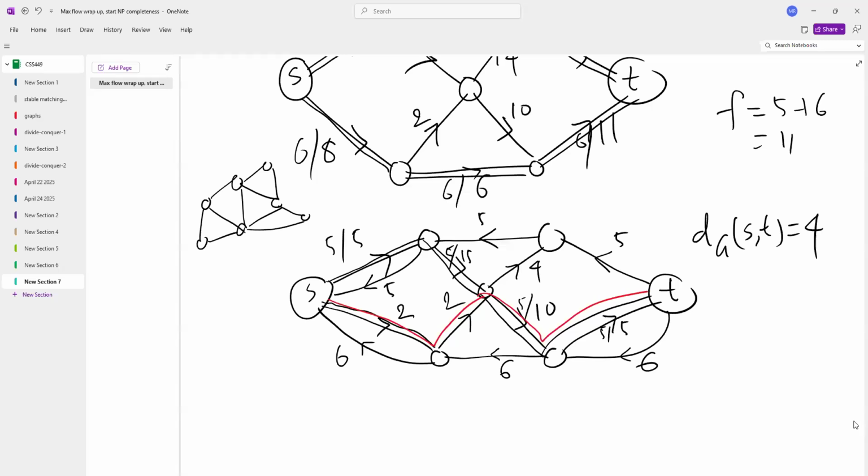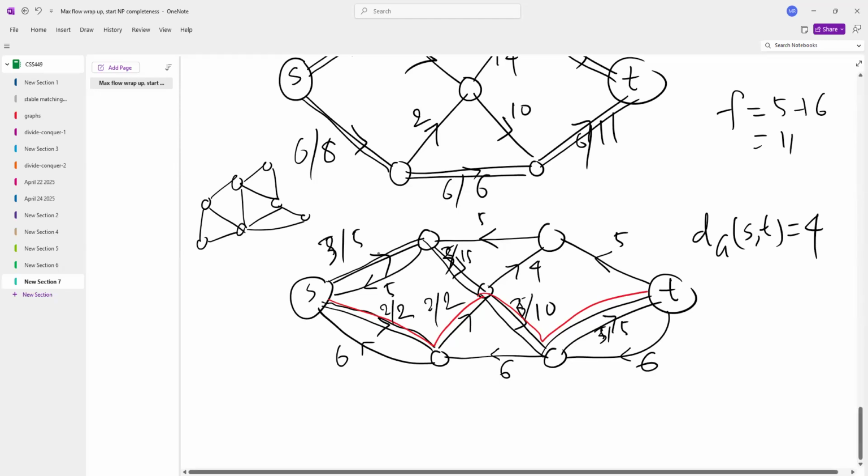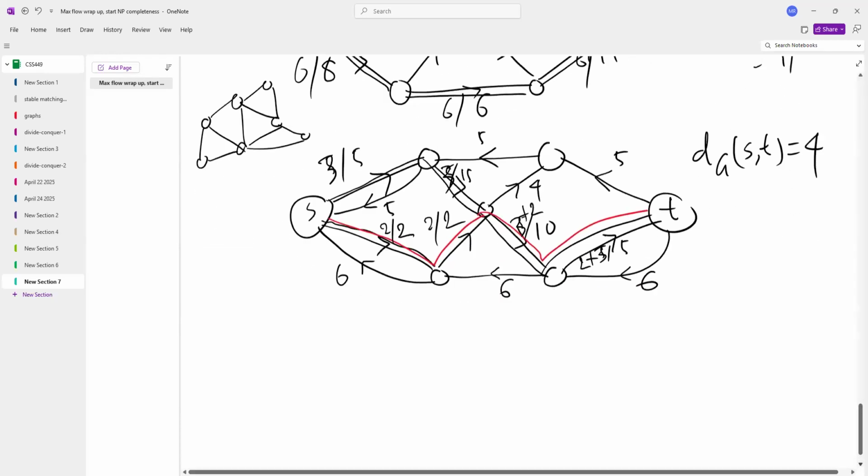In the top path we send around 3 here, 3 here, 3 here, and then 3 here, and along the bottom path we send 2 here, 2 here, and then that 2 plus 3 gets added to 5 here on this path. This is the shared path, 3 plus 2, and then again here also 3 plus 2, right? So that's how we're going to find the blocking flow.